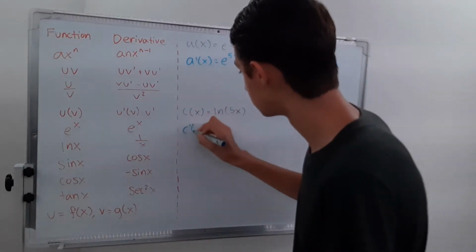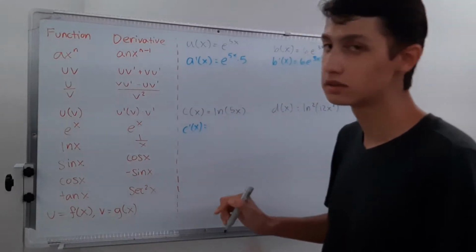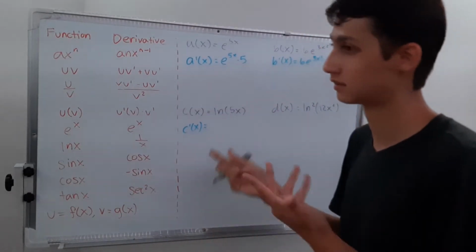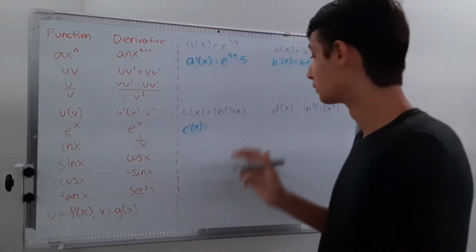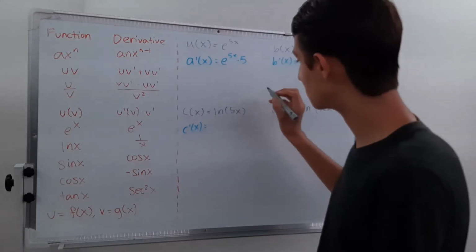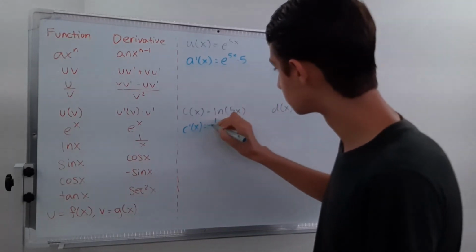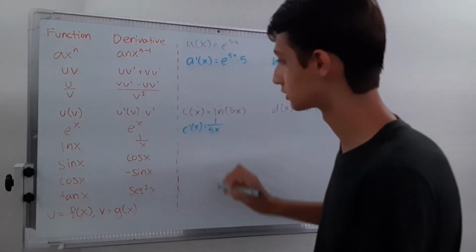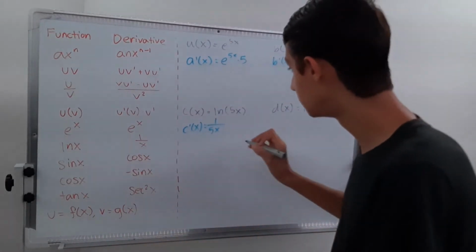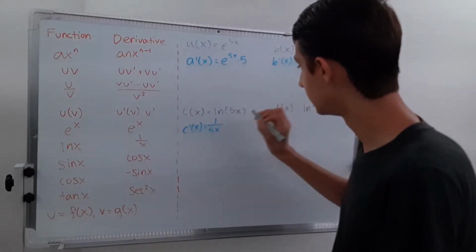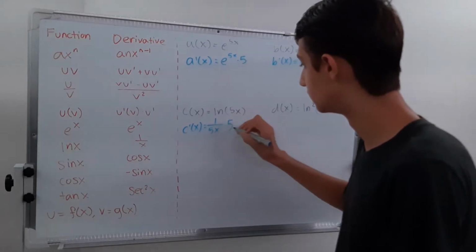C of x. So c prime of x. So c of x is natural log of 5x. You could separate it, ln of 5 plus ln x, and that's easy, but let's use the chain rule. Why not? Basically, this is 1 over 5x, because the derivative of the natural log of something is 1 over that something, but since we're doing the chain rule, we have to take the derivative of the inside, which is 5.